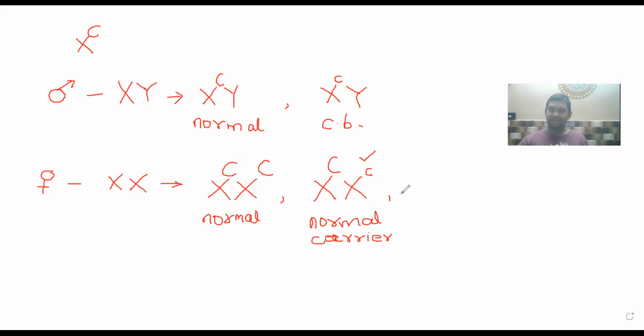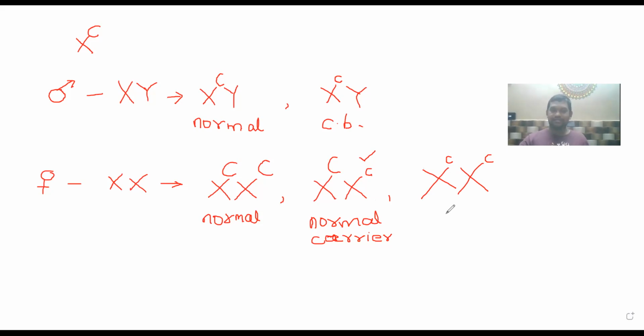The third condition is again X with the recessive allele, homozygous. In such a case, the female will be what?